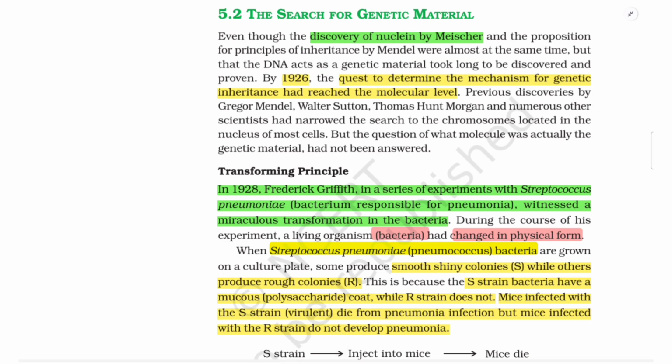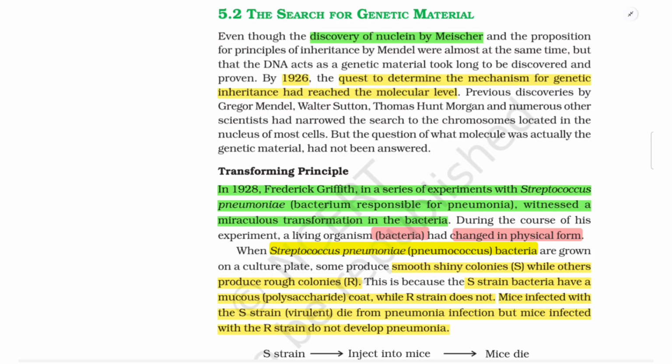5.2 The search for genetic material. Even though the discovery of nuclein by Miescher and the proposition for principles of inheritance by Mendel were almost at the same time, that the DNA acts as genetic material took long to be discovered and proven. By 1926, the quest to determine the mechanism for genetic inheritance had reached the molecular level.